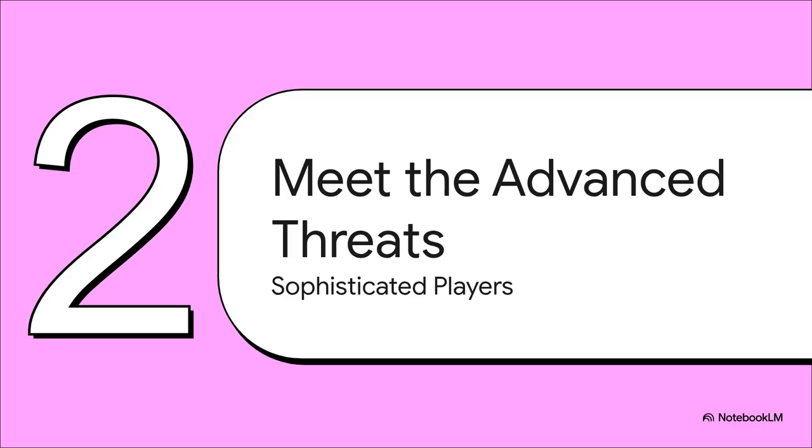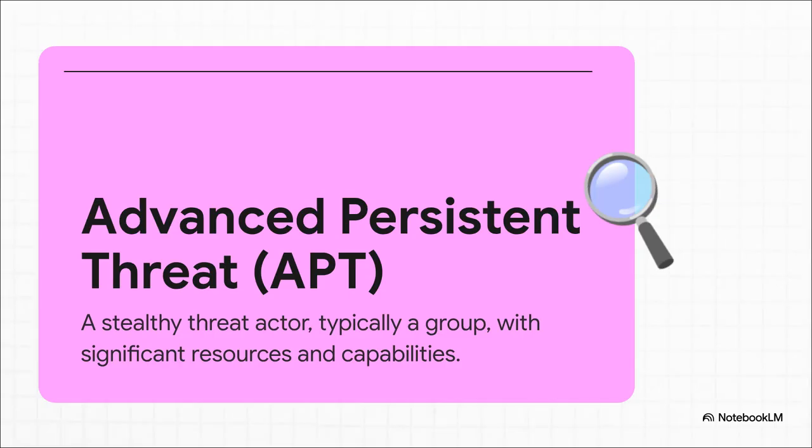All right, now that we've got the basics down, let's level up. We're not just talking about any old threat actors. We're talking about the most sophisticated players in this high-stakes digital game. These are the big leagues, the elite groups known as Advanced Persistent Threats, or APTs for short. A lot of times, they're backed by a nation-state, which means they have tons of resources. And their name really tells you everything.